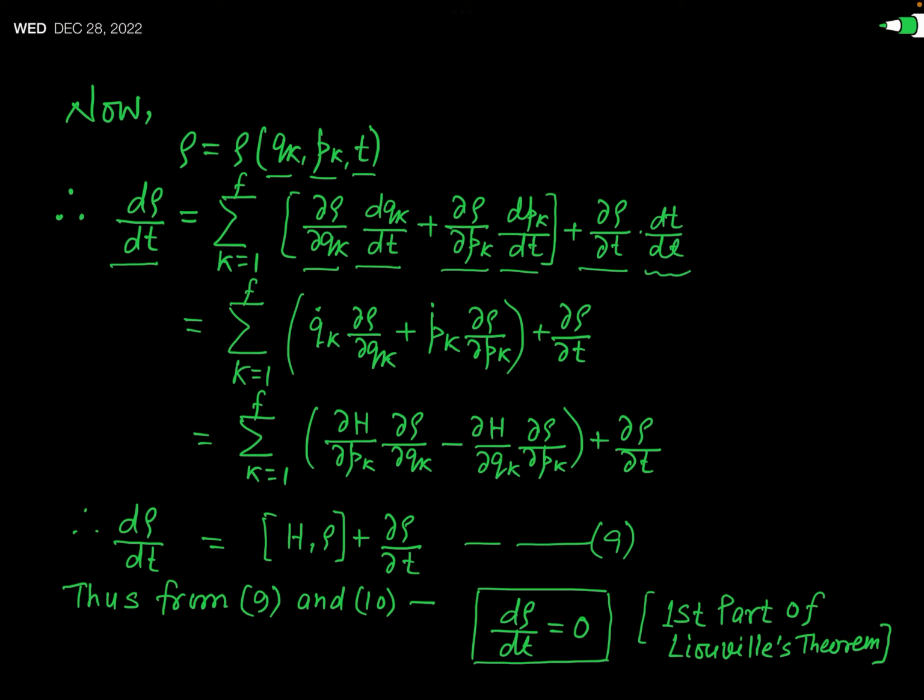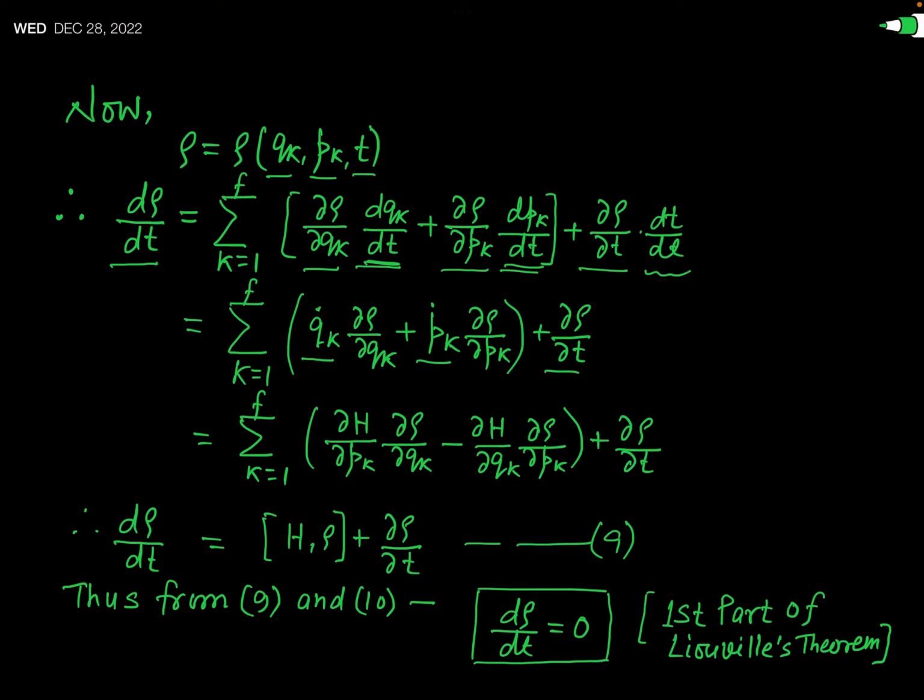But this dt/dt is equal to 1, so I have not written it here. Now you know this dqk/dt can be written as q̇k, and dpk/dt is written as ṗk, and all other terms are as they are.